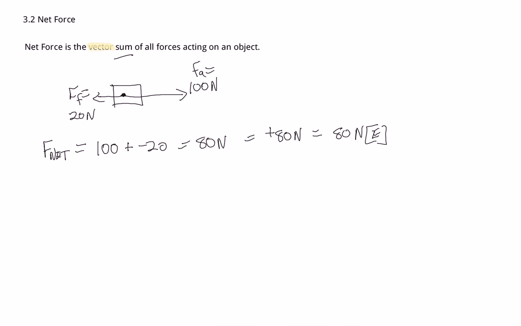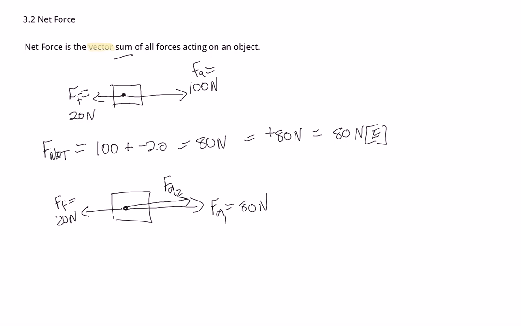Okay? So obviously, if we've got forces going in a linear sort of fashion, it's pretty basic. You're just adding and subtracting. So let's add to this question. Let's suppose we've got a 20 newton force of friction again. But in this case, we've got one person with an applied force of 80. And let's suppose we have another person, so we have another applied force.